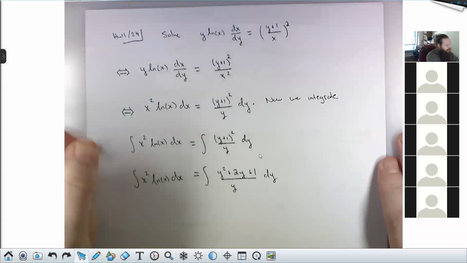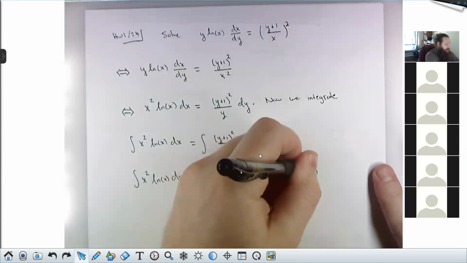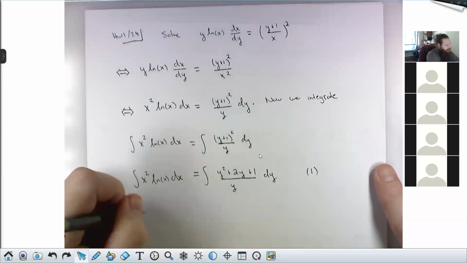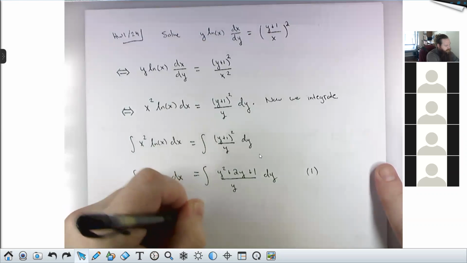I'm going to do the thing I did before where we write right-hand side, left-hand side. That way we can handle the integrals separately and then put everything back together. I'm going to label the equation 1. So the right-hand side integral is y squared plus 2y plus 1 over y dy.